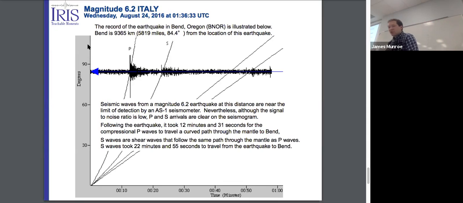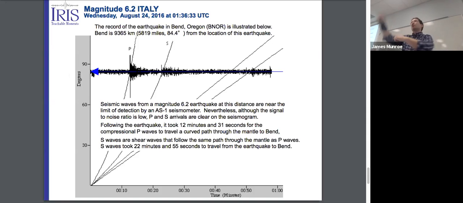This is the record of the seismograph as received by a seismic instrument in Bend, Oregon. And you can see that there's a certain number of minutes between the P wave and the S wave, right? That allows you to figure out where this earthquake occurred. If you know that the distance in time was from here to here, you could read off this graph by putting this transit curve at the one location where the S curve and P curve are 12 minutes and 31 seconds apart, and figure out that the earthquake had to have occurred a distance of 84.4 degrees away.